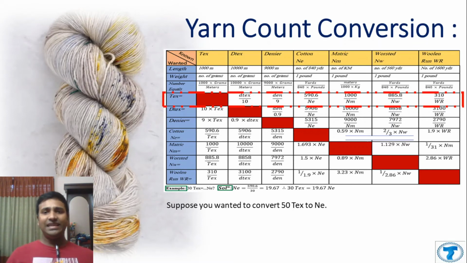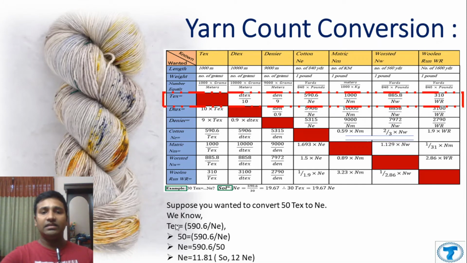So let's see how it works. Suppose you want to convert 50 tex into Ne, then just follow this table. The tex equals 590.6 divided by Ne. Just put the value in this formula. You can see tex is here.